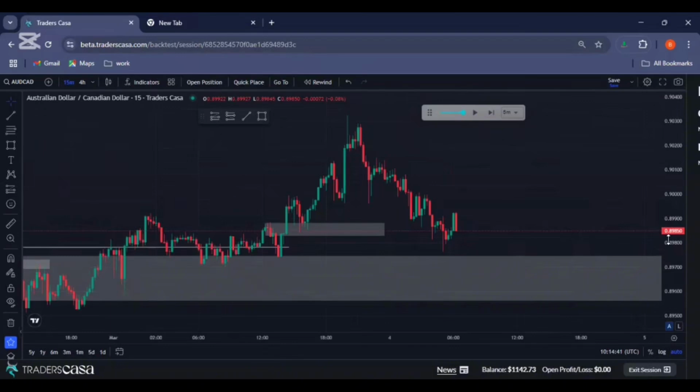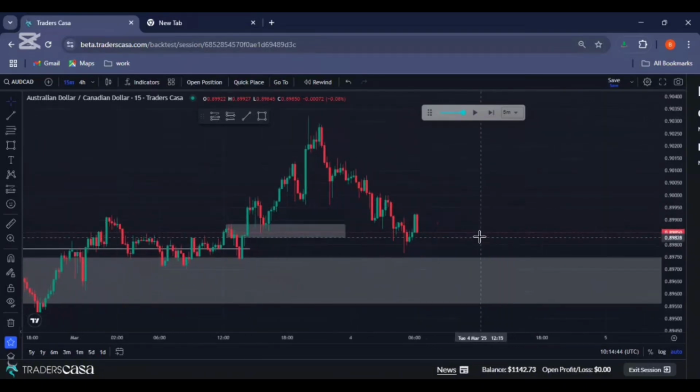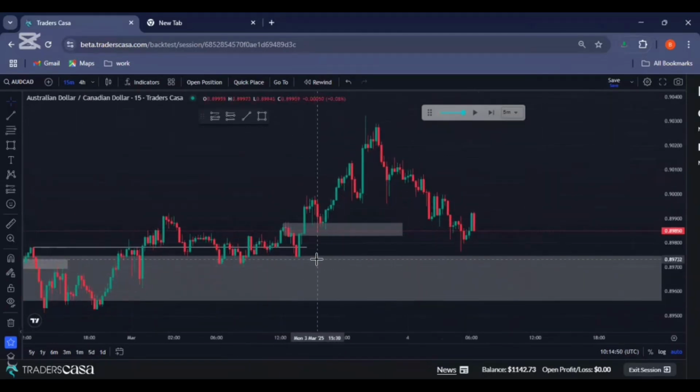So we just want to try and make sure that we don't miss our move. Okay, because price is still going to push up from here. But the most important thing is making sure that price moves with you.